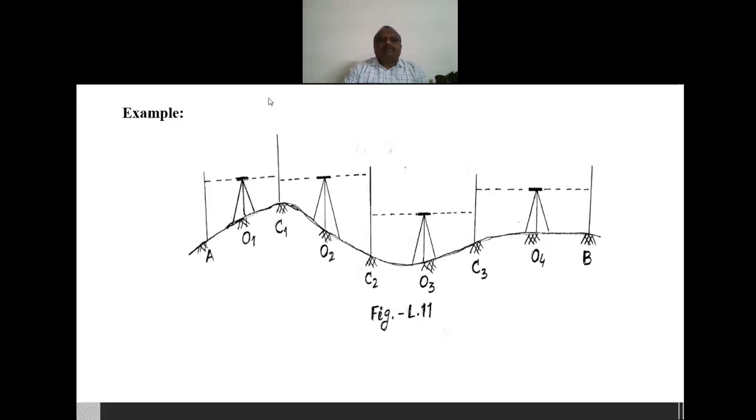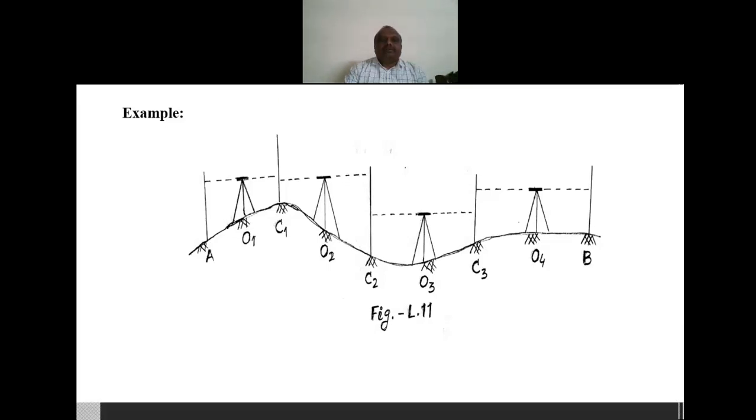By seeing this figure, we can easily understand how the work should be carried out by using the fly leveling method. From station A to station B, the fly leveling should be carried out with shifting of the instrument from one station to another by taking change points.